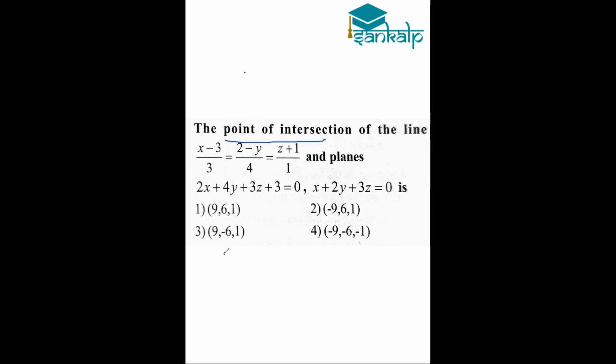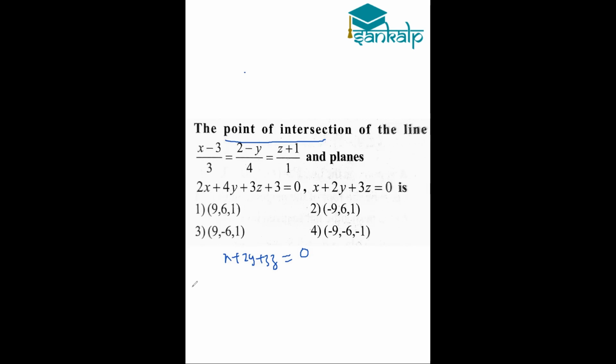So I will consider the third equation, which is simple: x plus 2y plus 3z equal to 0. If we substitute the first point, it is addition, it will not be equal to 0. So next I will be substituting the second point.